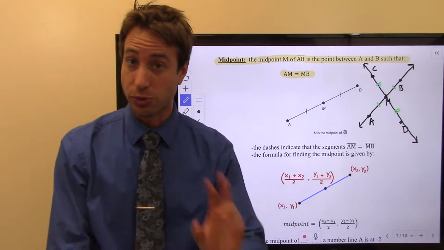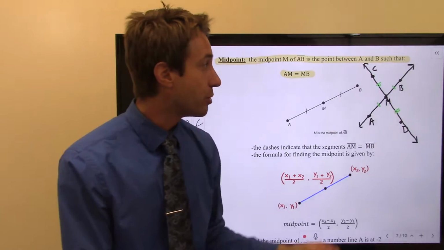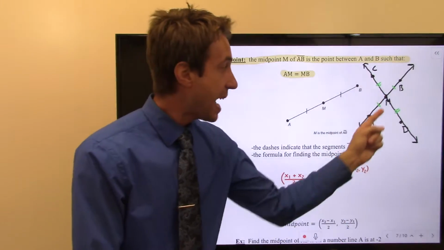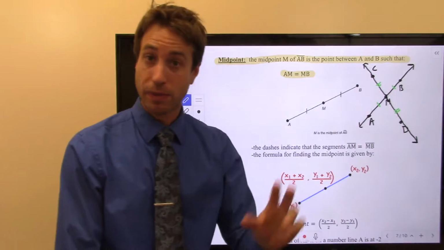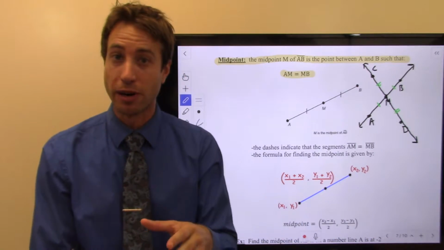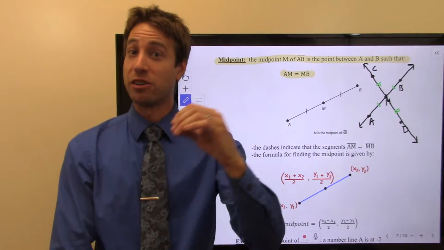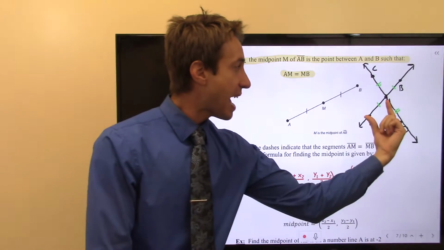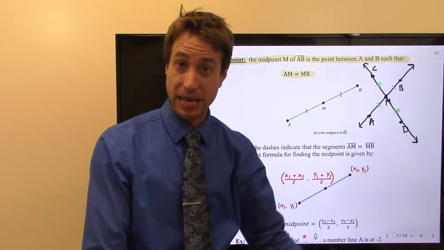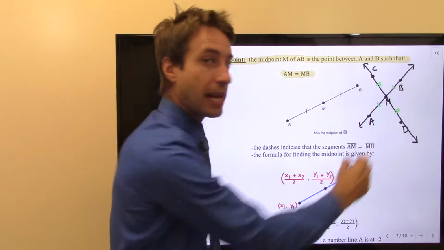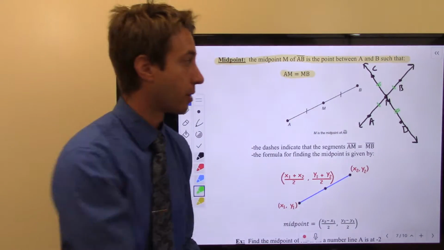The double dash tells you that CM and MD are the same measure, but they're different than AM and MB. So these two segments are equal to each other.